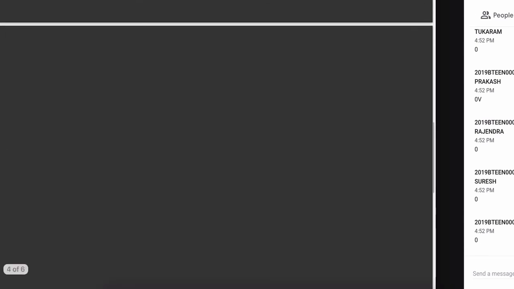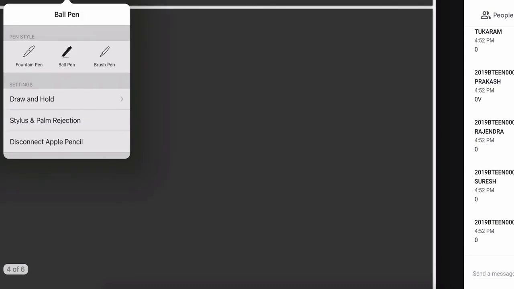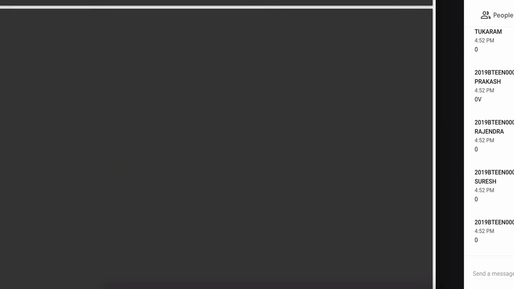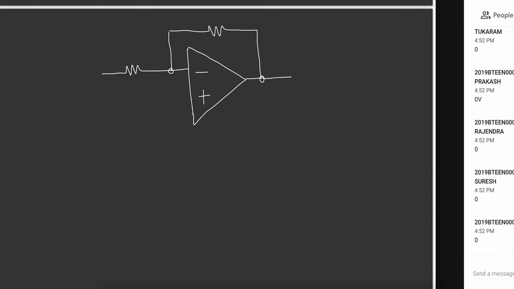Right. Now let me draw the circuit diagram again and ask you some more questions, which will lead to some more clarity in our understanding. So I will now draw battery. Of course, it doesn't matter.